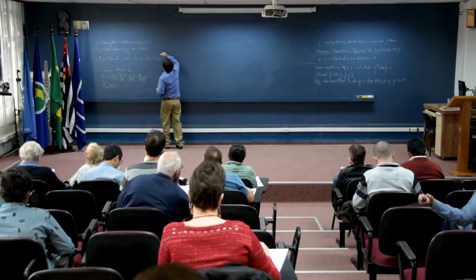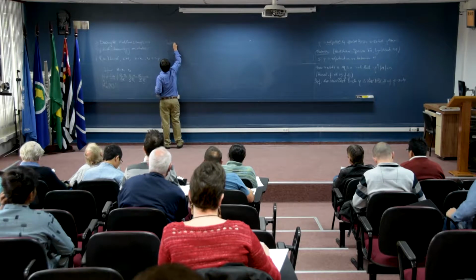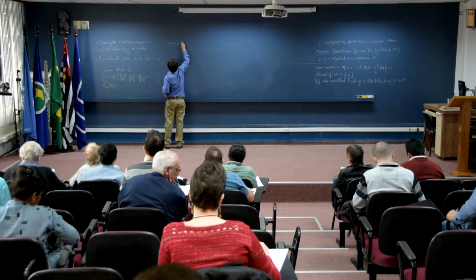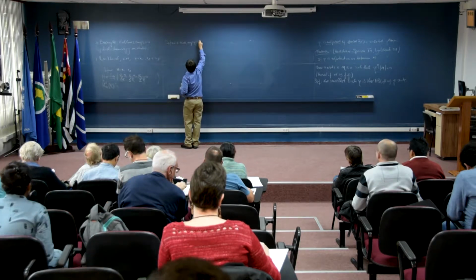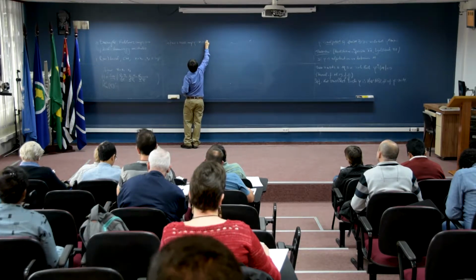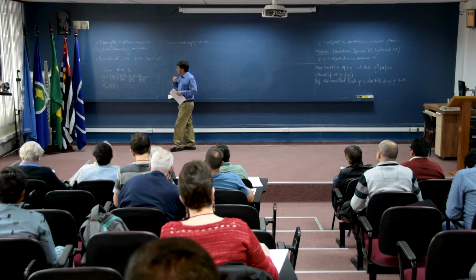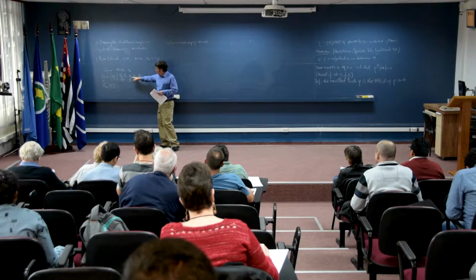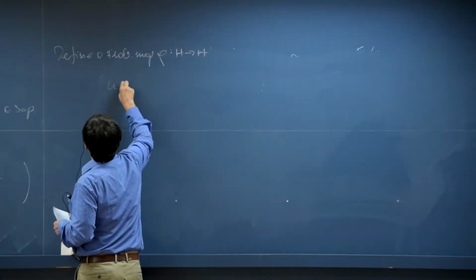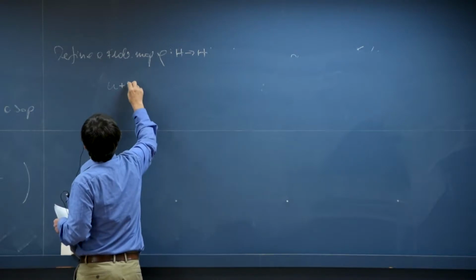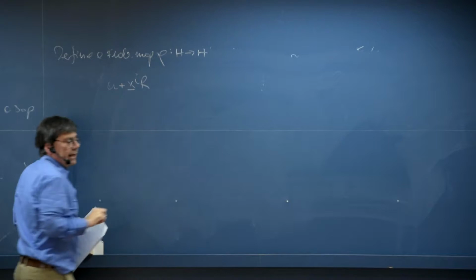So let's define the Frobenius map, phi from H to H. So what do I have to do to define this map? You give me an element in the direct limit, which is represented by some element in one of these quotients. So here's one of them: the coset of a in R modulo the ideal generated by the ith powers of the x's.